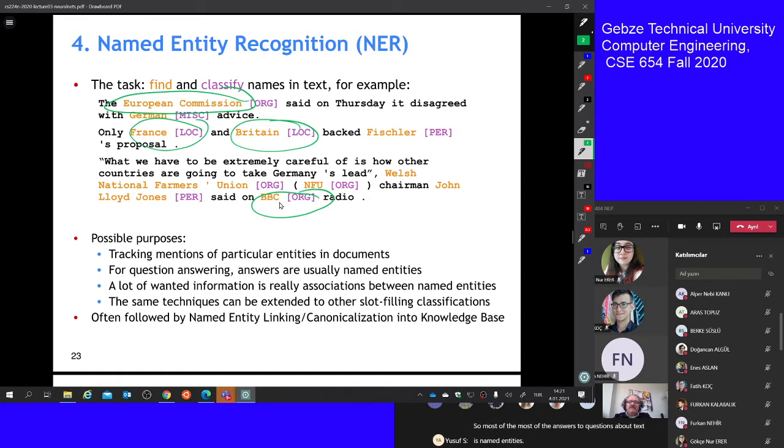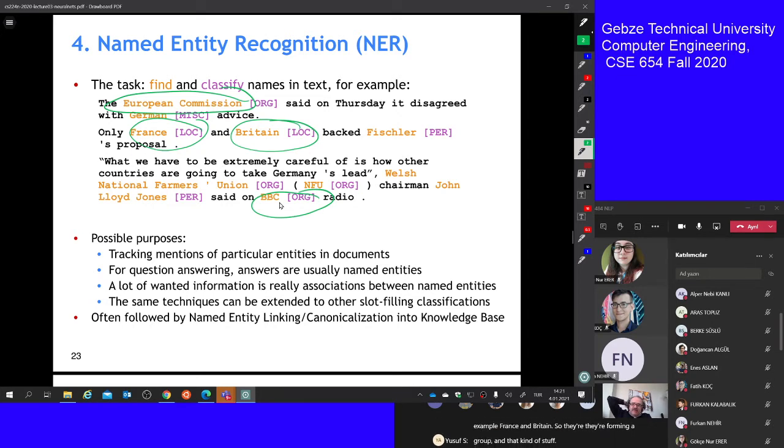When you do named entity recognition, you are providing a very good input to this question answering system. And usually relationships exist between these names. For example, France and Britain form a group.